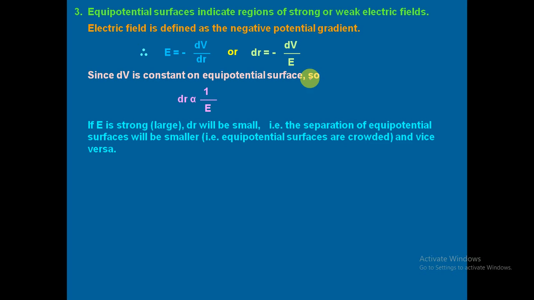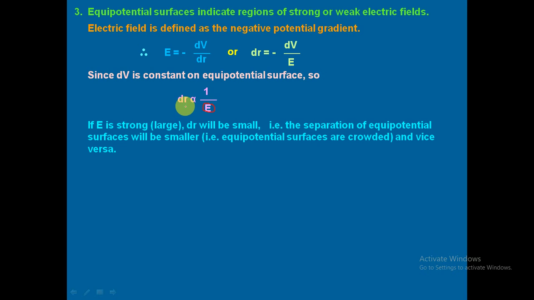If this E is large, dr would be small. Here dr is the separation between two equipotential surfaces. So if a strong electric field is there, then the equipotential surfaces would be lying closer to each other because dr here is small, and vice versa.